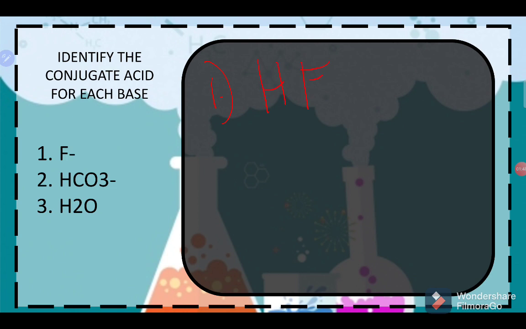Okay? Next, for number 2, as HCO3 accepts a hydrogen ion, the resulting conjugate acid will be H2CO3.